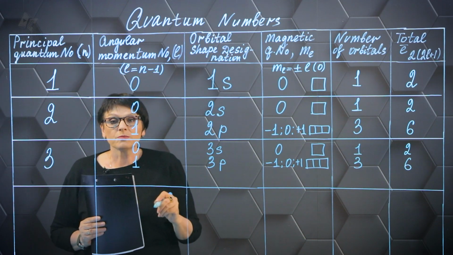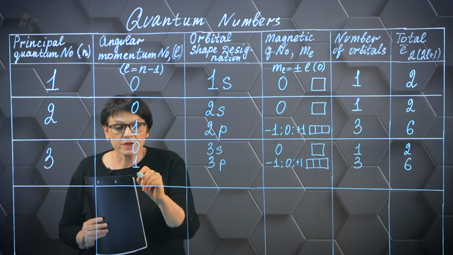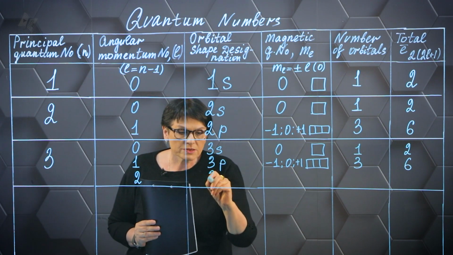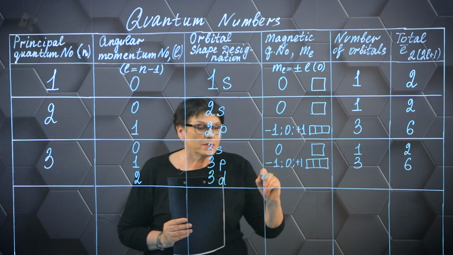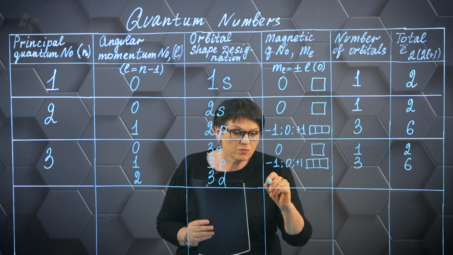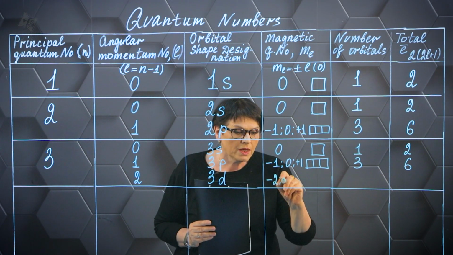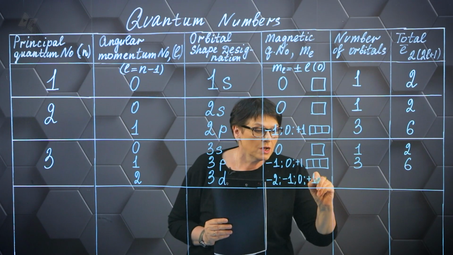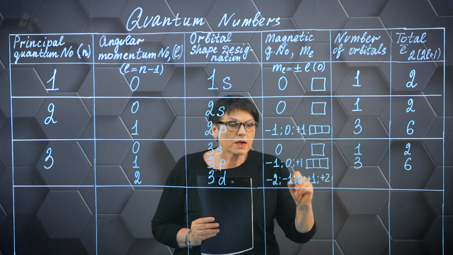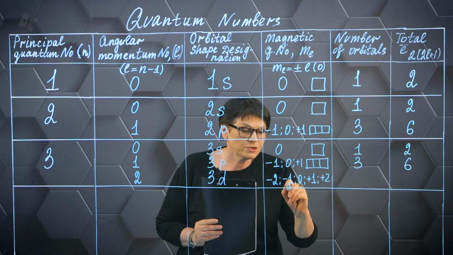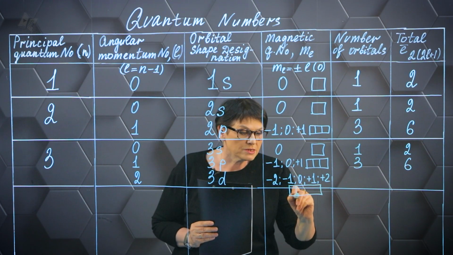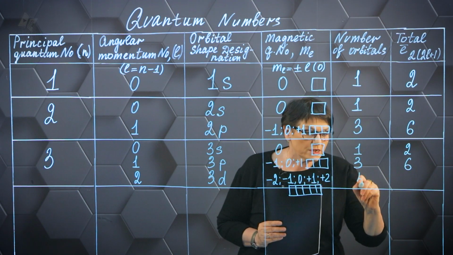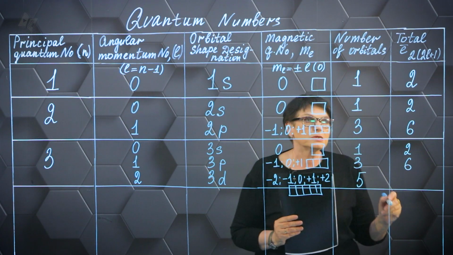But for the third level, a third sublevel appears, and the orbital number will be 2. This corresponds to 3d orbitals. And that means we have magnetic numbers minus 2, minus 1, 0, plus 1, plus 2. The number of cells in this case would be 5, so 5 orbitals, and we'll have 10 electrons on them.